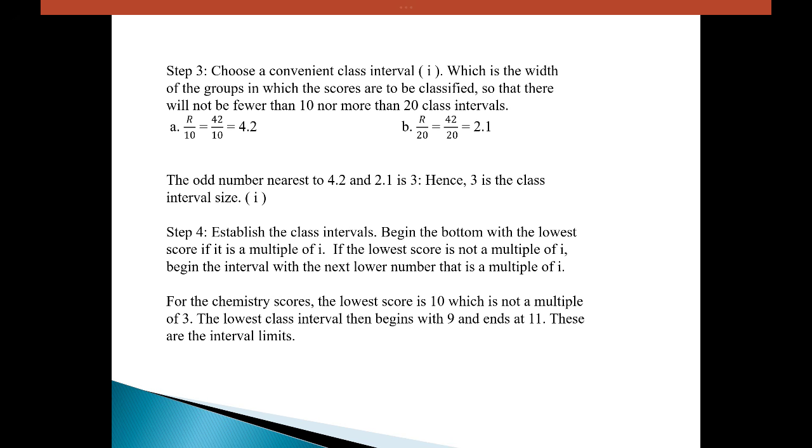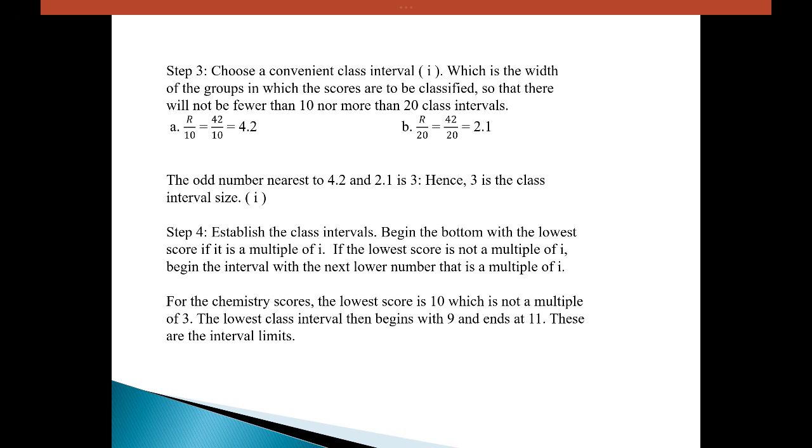Step number 3. Here, you need to choose a convenient class interval, or your small letter i. It will depend on you. It's either 10 or 20, or it will actually depend on the problem itself. If the problem says you need to create 7 class intervals, you should divide it by 7, so your i is 7. Here there is no given number of class intervals, so you can just decide.